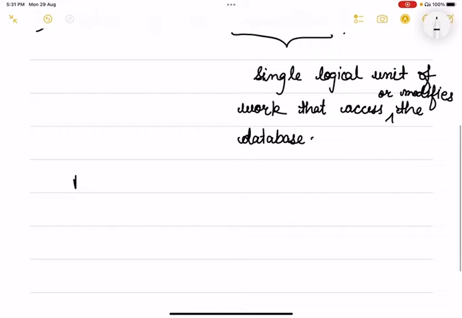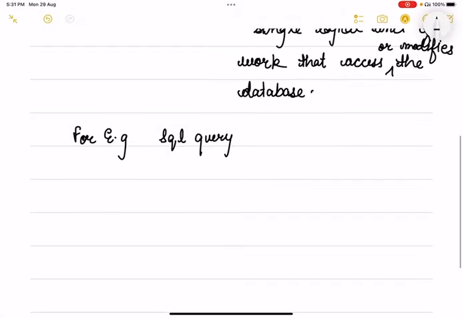For example, if I'm writing a SQL query, let's say select star from employees.